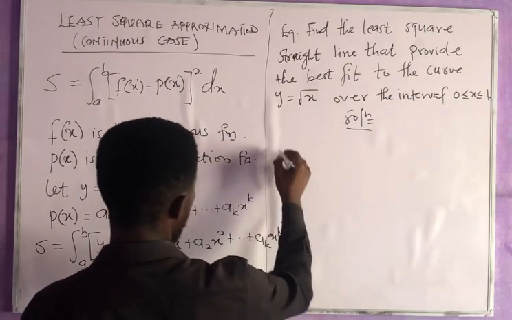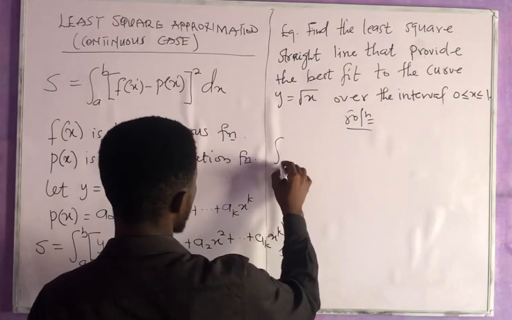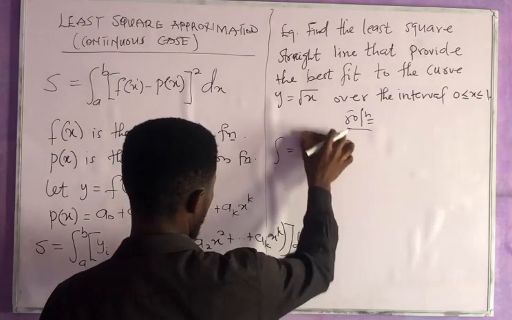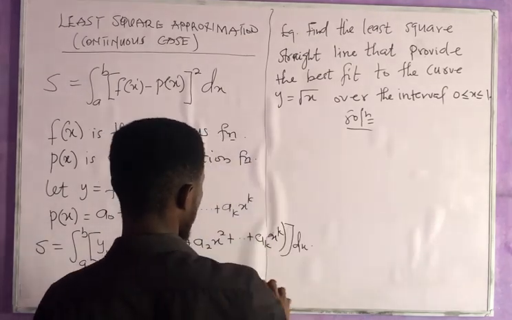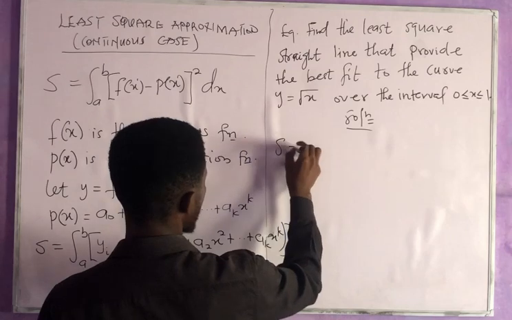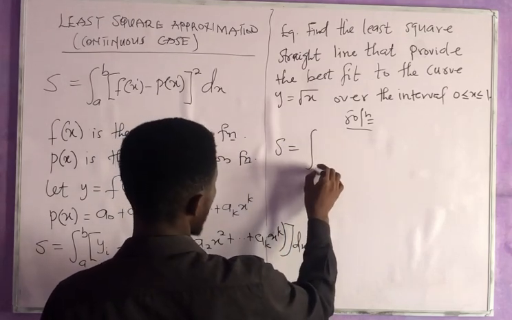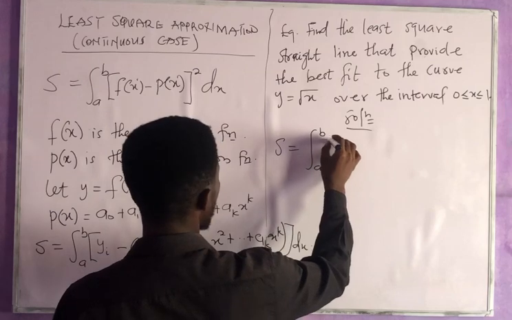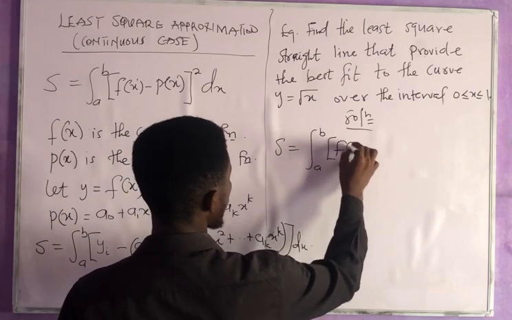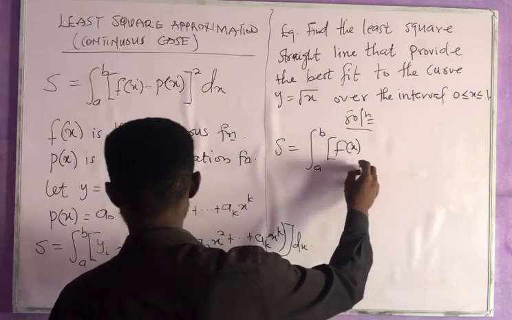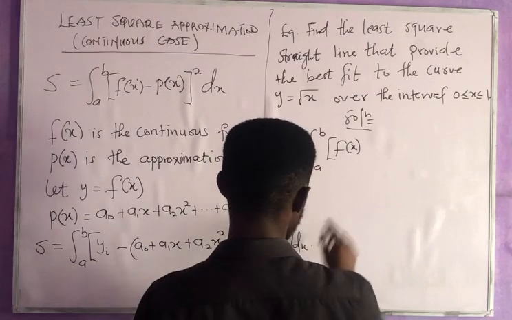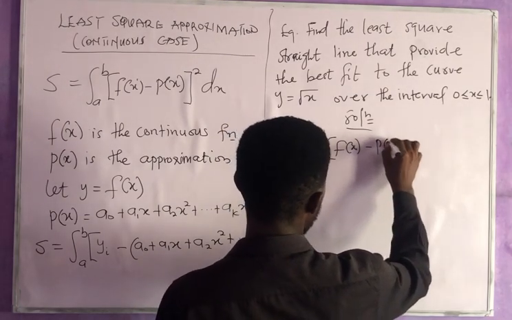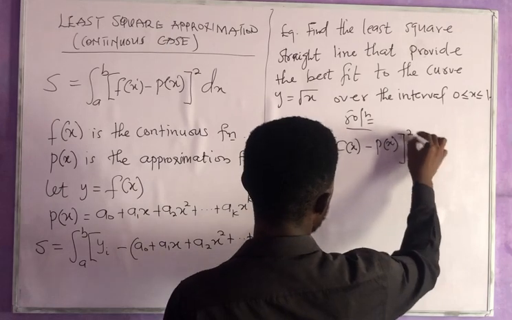You know the formula is given as S equals the integral starting from a to b of f of x minus p of x all squared dx.